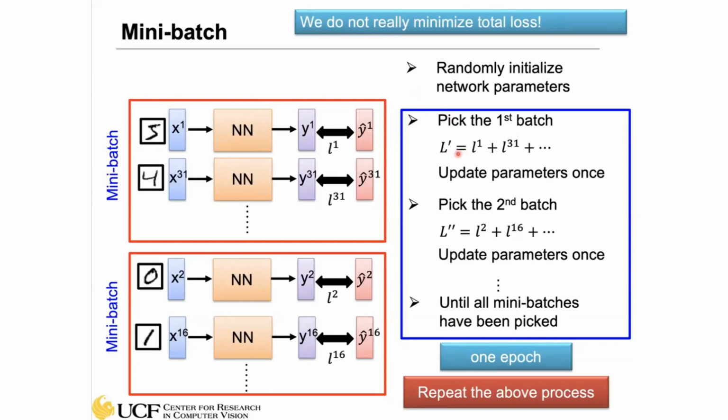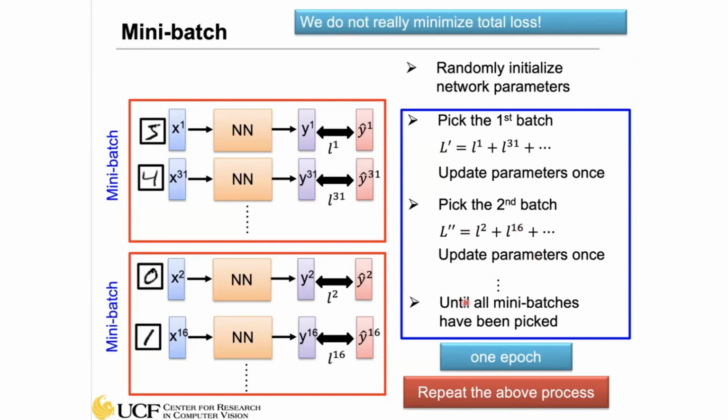During the optimization, we pick the first batch, get the loss for those 10 samples, compute the gradient and update the parameters, okay? In the next iteration, we pick the second batch and do the same: compute the loss over another set of 10 images and update the parameters. We can do this until we have picked all the batches.